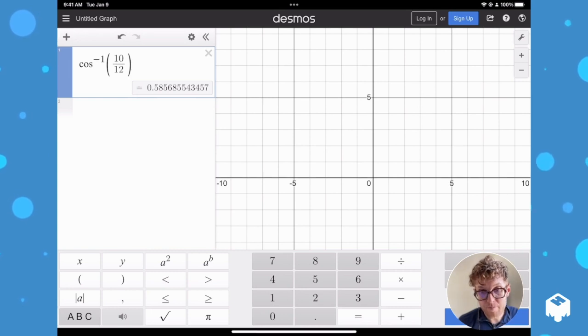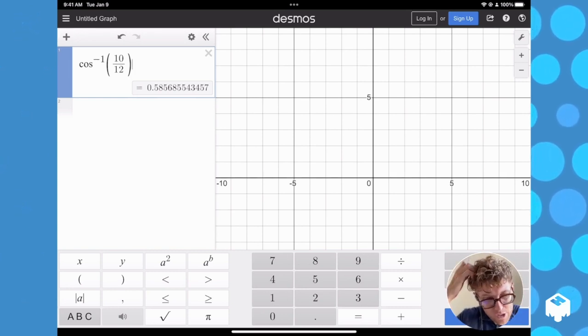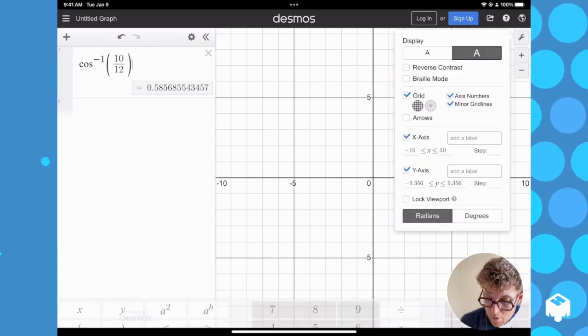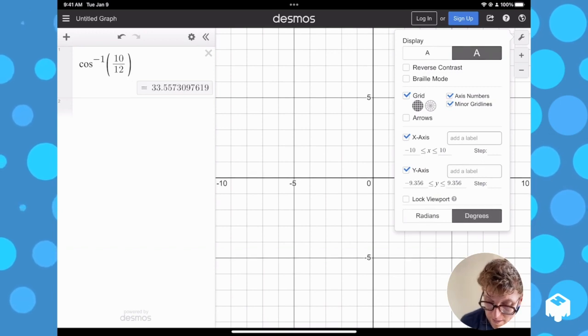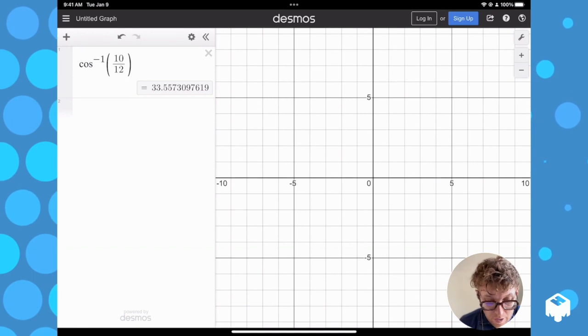Now I noticed that this is 0.58, which is a really small angle. And so what I think happened is that my calculator at some point went back to default when I deleted everything. And so I want to change my calculator back to degrees. That already felt wrong.